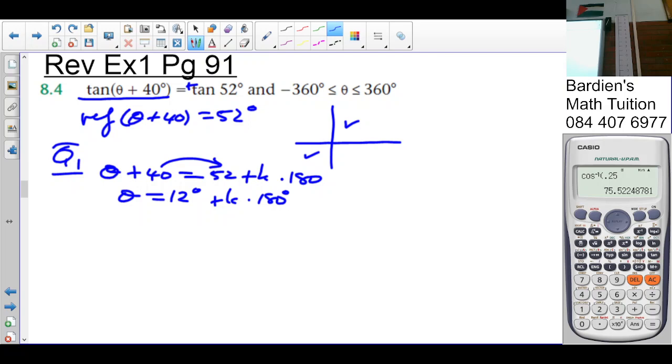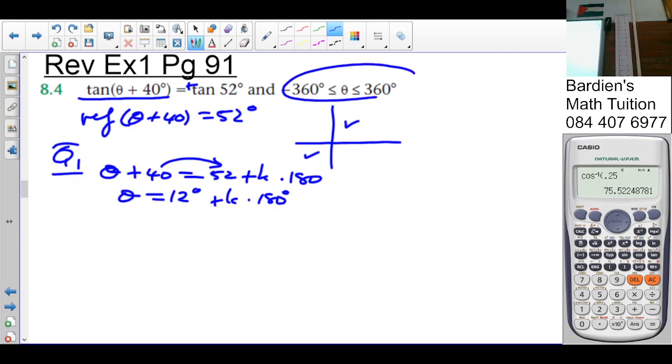So for tan we just write the branch out once. But if you don't remember that or you're not sure, you write for quadrant 3 it is going to be 180 plus 52 plus k times 180. You write it out both if you don't know when to leave it out. But in this case we're going to leave it out because tan has a repeated solution.